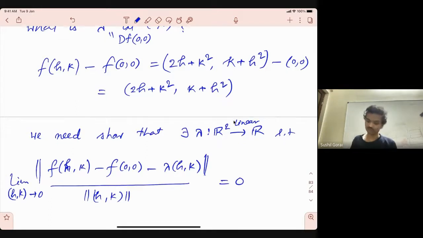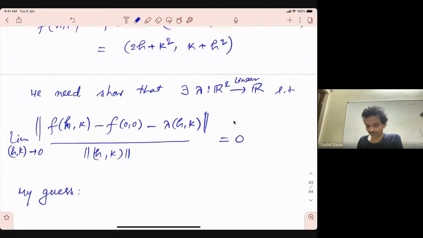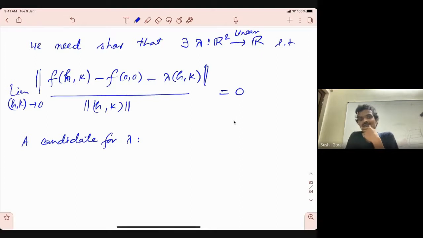So you need to guess lambda. So what is your guess? Let me ask you. What is a candidate for lambda? Anybody?